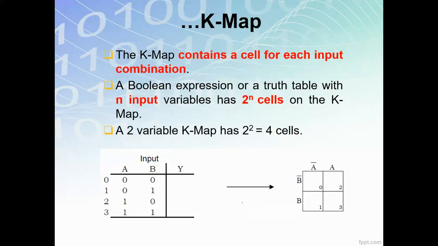This is an example of the Kmap table that you need to draw when you do the operations in simplifying the Boolean expression later on.